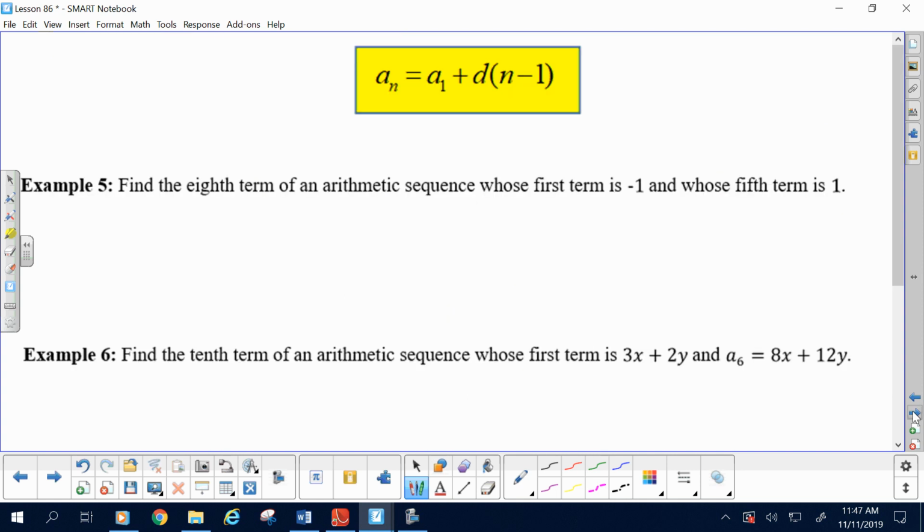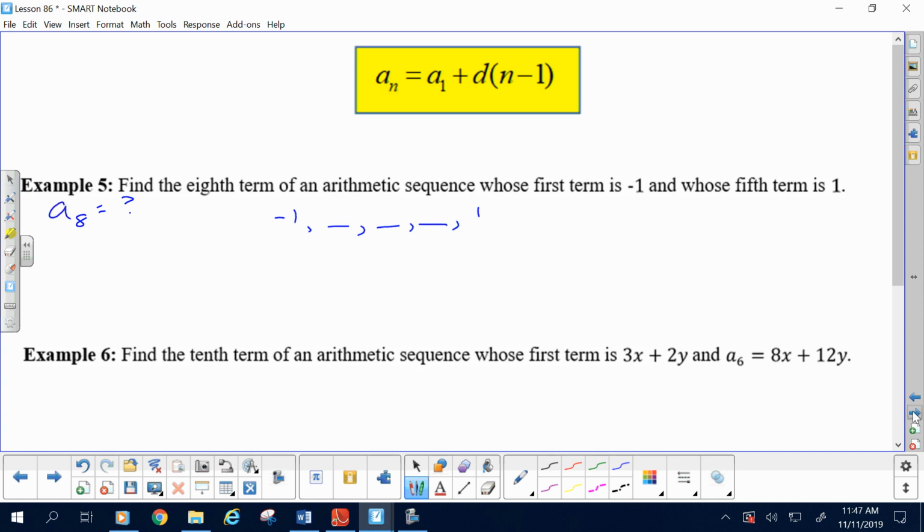All right. Find the 8th term in an arithmetic sequence whose first term is -1 and whose 5th term is 1. So I want the 8th term, yeah? And I know the first term is -1, but I don't know the second, third, fourth.